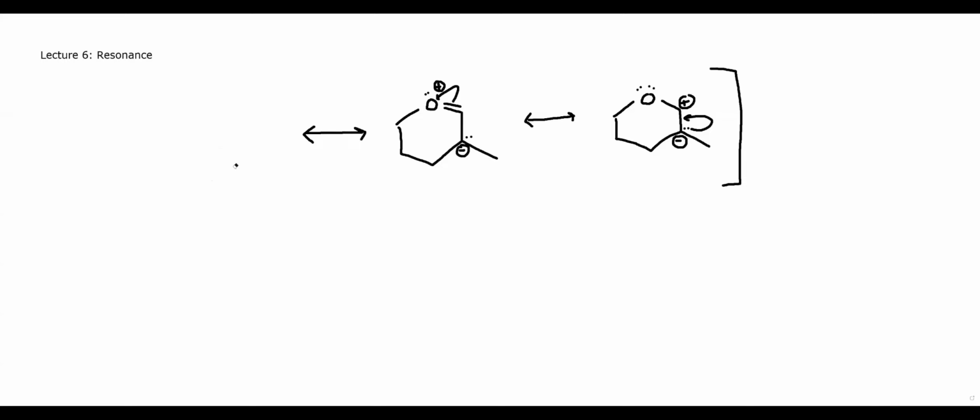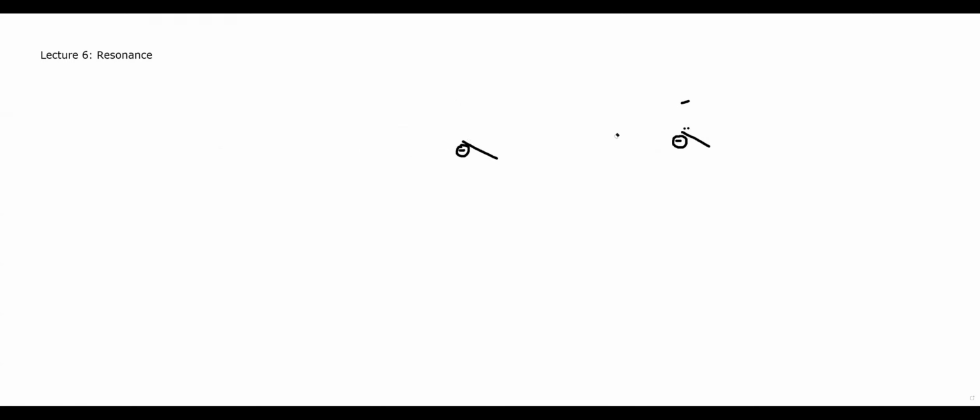Okay, so what about this one? What if we had, let's see, we have an amide. That's a nitrogen next to a C double bond O. Okay, so we have some things going on here.